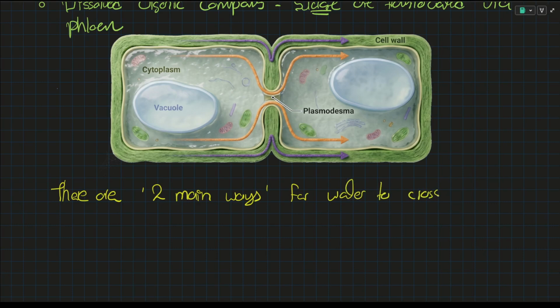Now, water has been absorbed by root hair cells. Now it has to go through the cortex and it has to reach the xylem vessels. This can be done in two major ways. The first method is known as the apoplastic pathway.